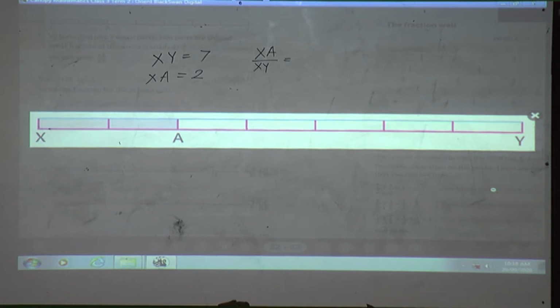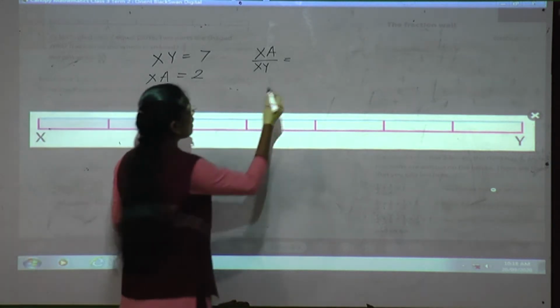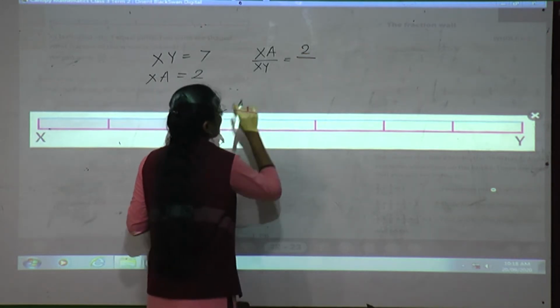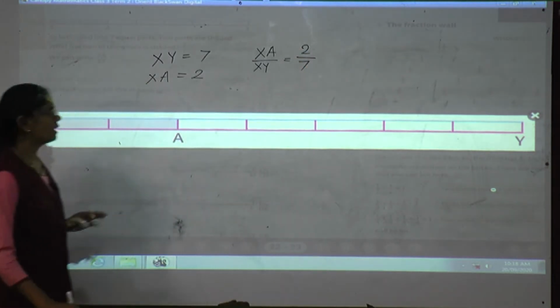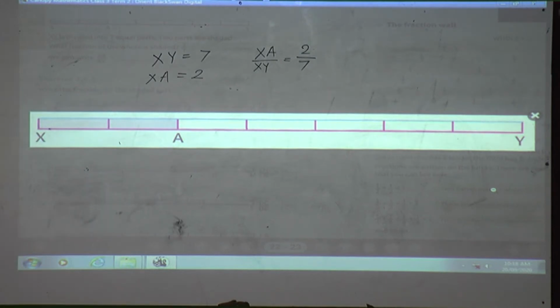XA upon XY. XA is 2 parts shaded, and XY means total number of parts. Here 7 parts are there, and out of 7 parts 2 are shaded. So what is the fraction of shaded parts in this example? 2 by 7. Clear?